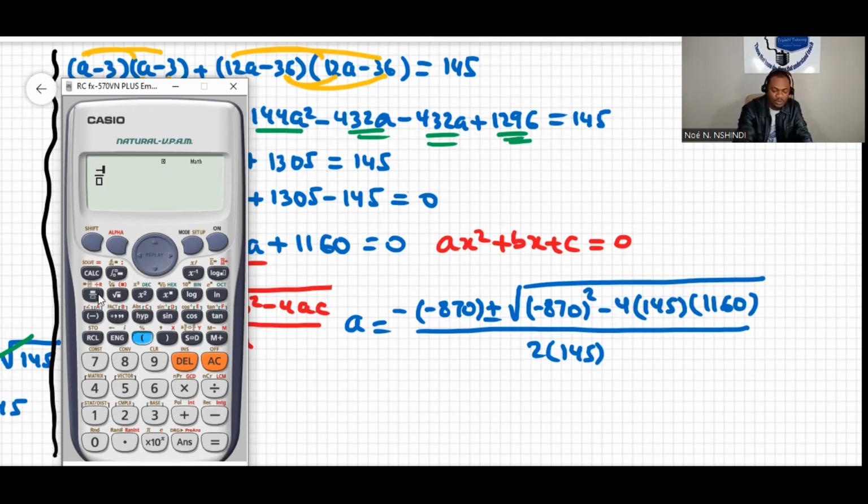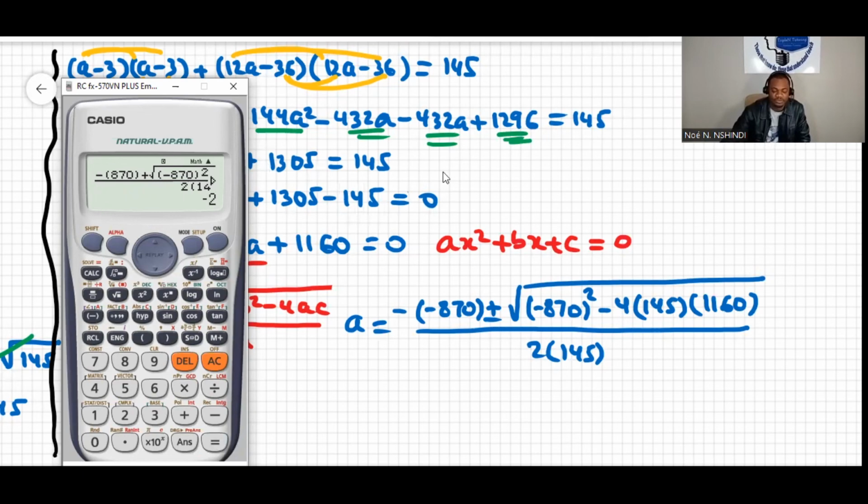So it's going to be minus open brackets 870 close brackets, and then plus square root, then negative 870 raised to the power of 2, and then minus 4 open brackets 145 close brackets, open another bracket 1160 close brackets, all over 2 open brackets 145 close brackets, and this is equal to negative 2.